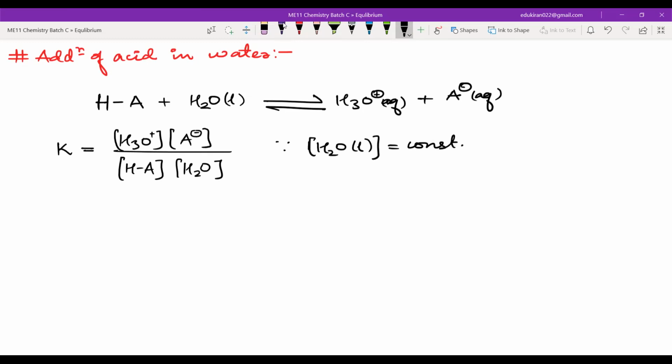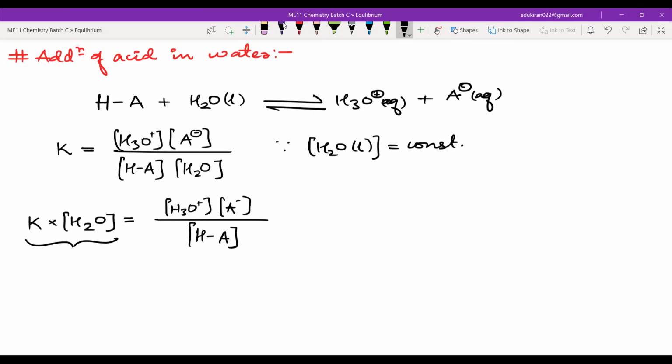The concentration of water is always 55.55 molar, and hence we can add that H2O to this constant, and we can write this as the concentration of H3O plus into concentration of A negative divided by the concentration of the acid HA.